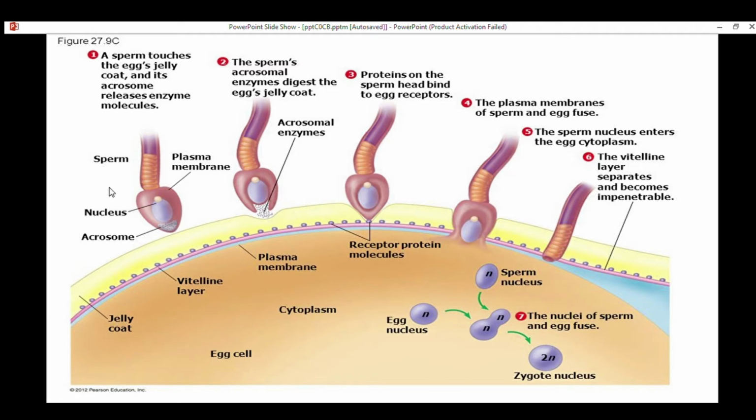The sperm acrosomal enzymes are released that digest the jelly coat of the zona pellucida. Proteins of the sperm head bind to the egg receptors. There are proteins located that bind to the receptors of the egg, which are glycosyltransferases and ZP3 receptors.